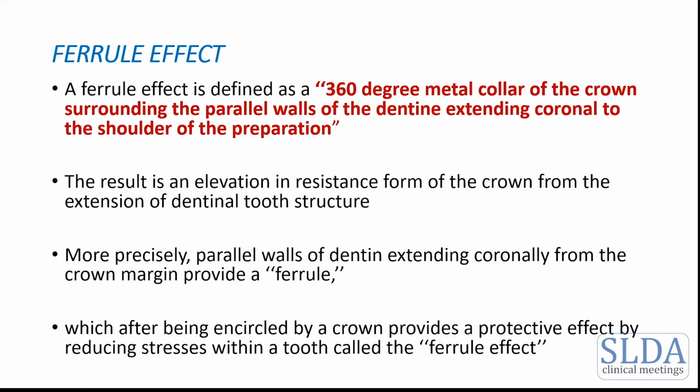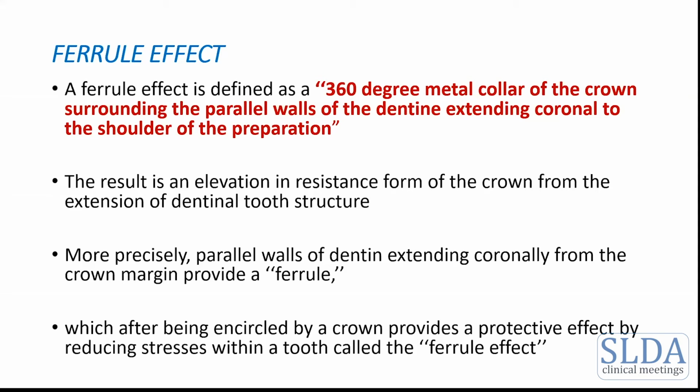Why is this important? It elevates the resistance form of the crown through the extension of the dentinal tooth structure. The dentine tooth structure encircled by a crown provides a protective effect by reducing the stresses within the tooth, called the ferrule effect.